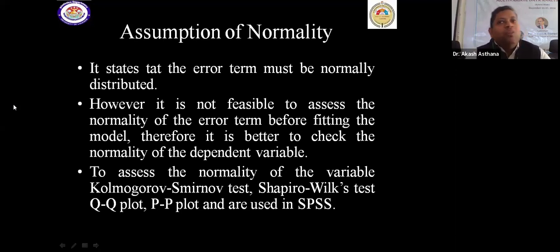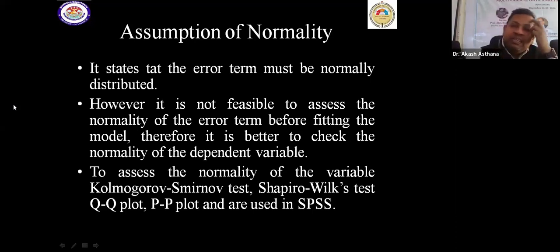So it is not genuine to test the normality of the error term. So it is preferable to check the normality of the dependent variable, so that you can say that this assumption is similar to the assumption that the dependent variable should be normally distributed. So first we check the normality of the dependent variable, then we perform the linear regression analysis.